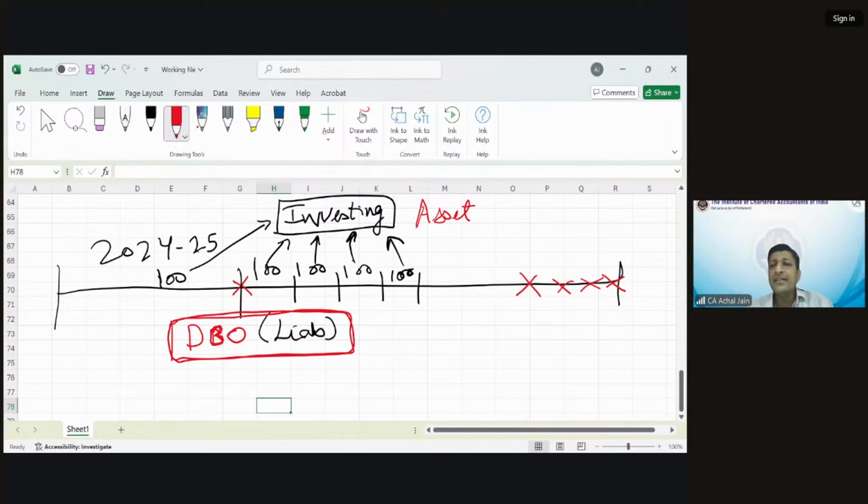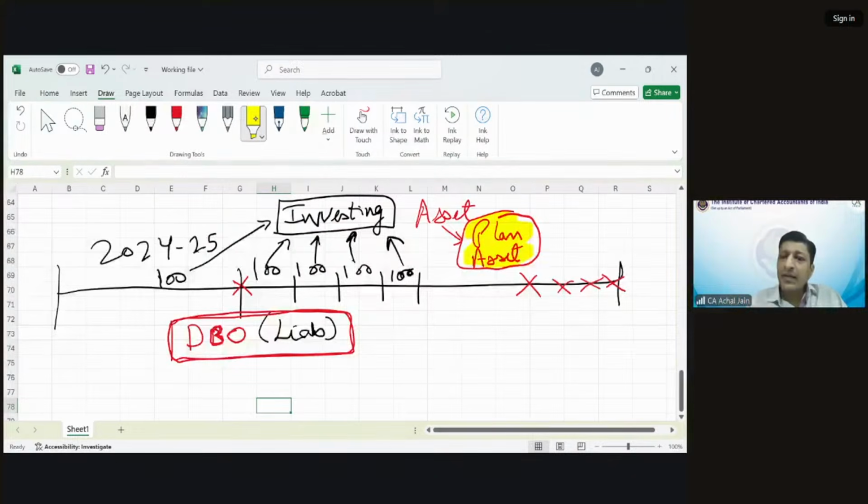And technically, there's a nomenclature which is assigned to this asset. What do you call this asset as? This asset is called as plan asset. Means asset for the defined benefit plan. So that's the term that you will get to see in respect of this particular asset.